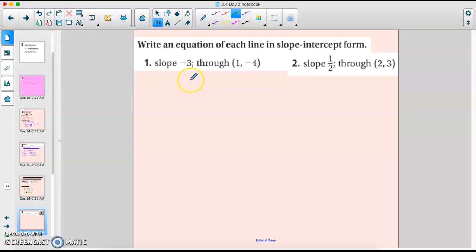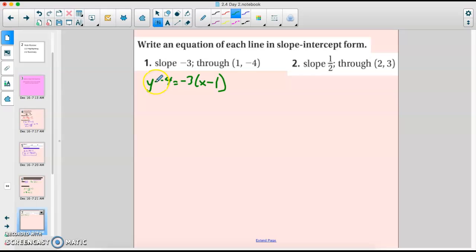All right, so now we're going to write an equation of each line in slope-intercept form. So basically what we're going to do is we'll write it in point slope form, and then it's a fairly easy change over to y equals mx plus b. All right, so y minus -4 equals m times x minus, in this case, 1.